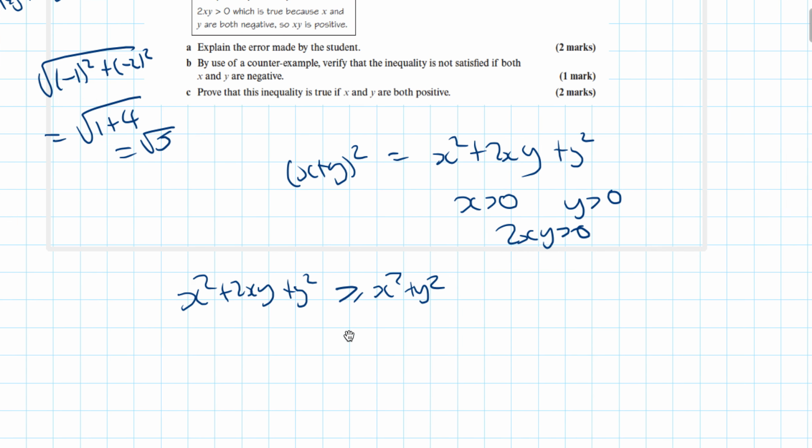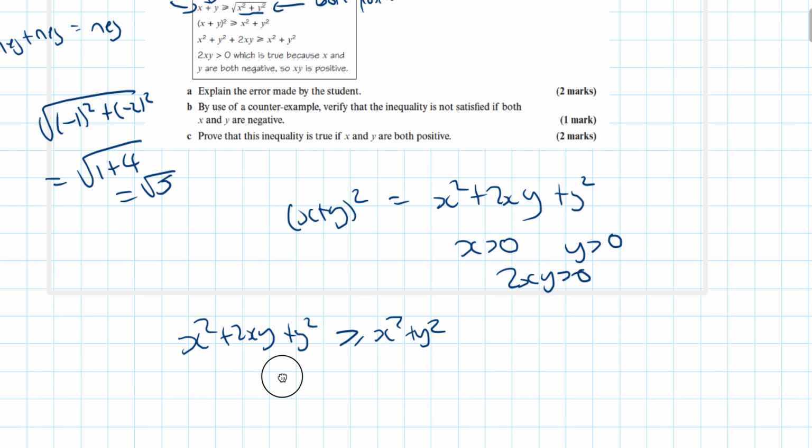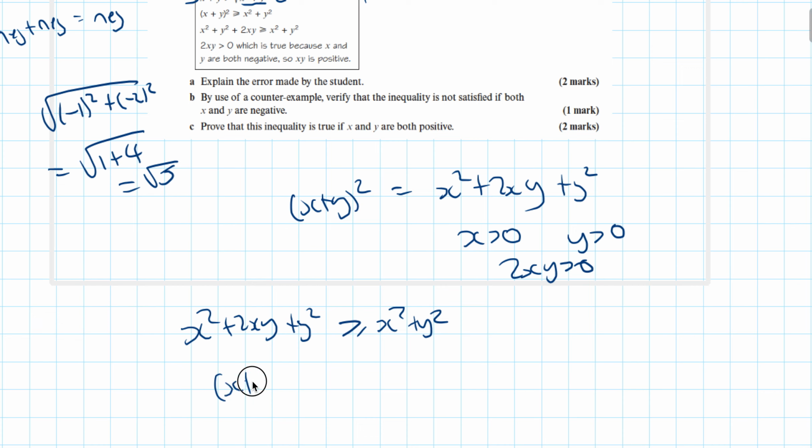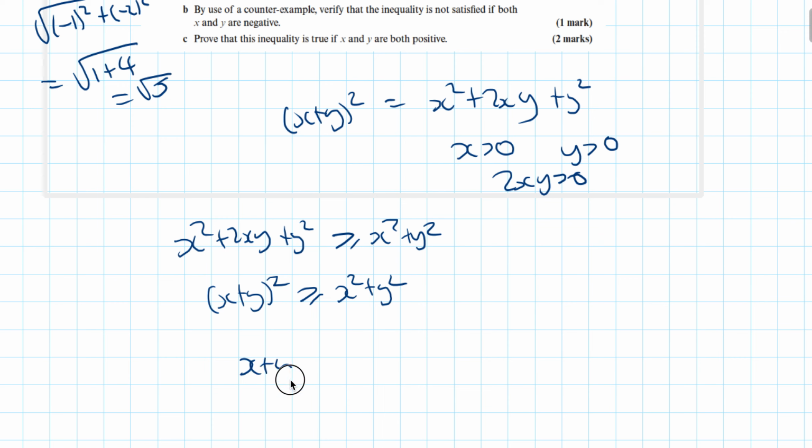We know that this is the same as (x + y)² is greater than or equal to x² + y². If we square root both sides, we end up with x + y is greater than or equal to the square root of x² + y². We've proven that in this expansion all the values are greater than 0, so that gives you a positive answer, so the left-hand side is completely positive.